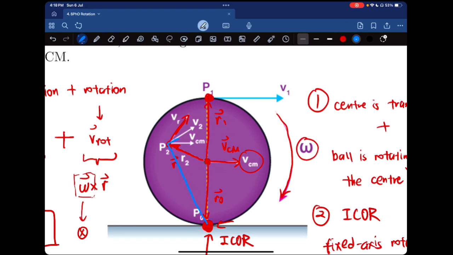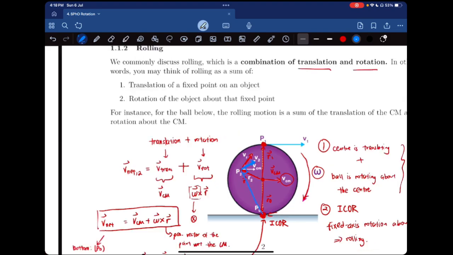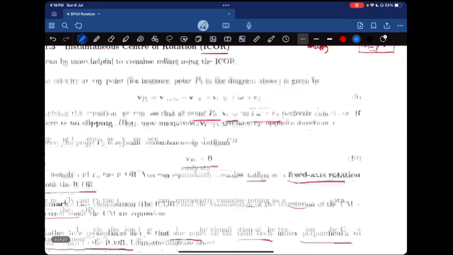Then you draw the velocity V2, which if you recall is the vector sum of the translational and rotational velocities. This simply states that this makes a right angle. This is a right angle. We'll skip the proof, but you can try proving it as an exercise. So this is just a nice geometrical fact that you might use sometimes when you do rolling problems. Okay.